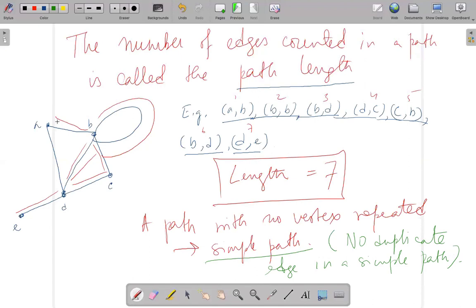So in this particular example again, AB, BD, DE is a simple path. Fine, because none of the vertices are repeated here, and similarly none of the edges are repeated.